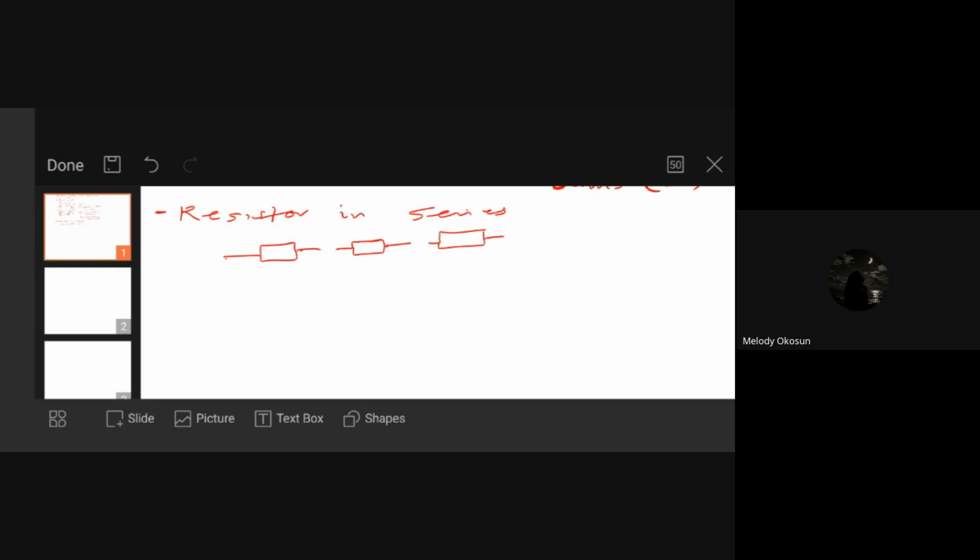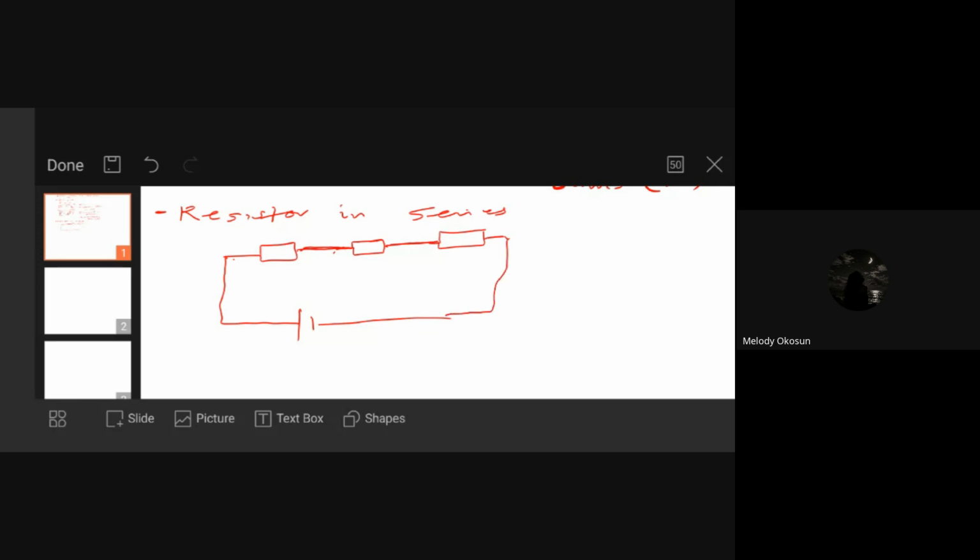Now, when I say connected end to end, it means that I'm going to join this leg to this leg, then I join this leg to this leg. So this is an end-to-end connection, such that the leg of this resistor at the end and this other one are the ones that run into the circuit. Let's say I have a circuit like this.